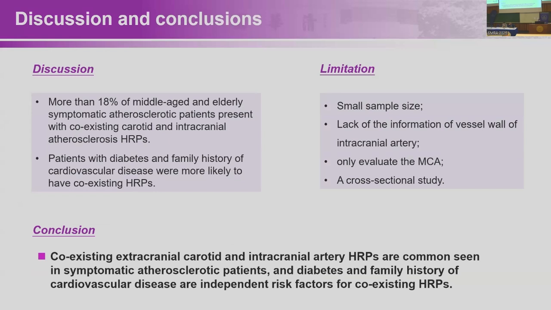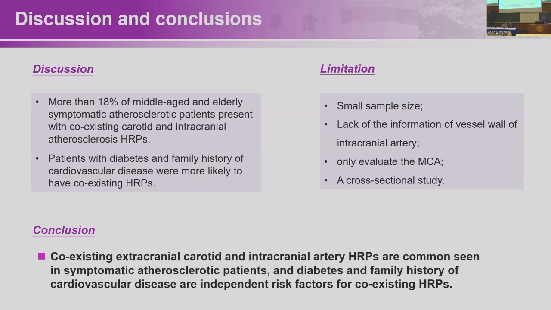There are some limitations in our study, including the small sample size, lack of information available on intracranial artery, and other intracranial arteries were not evaluated in our study. And this is a cross-sectional study.